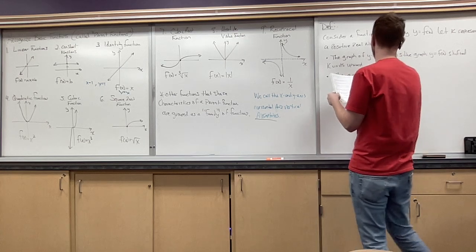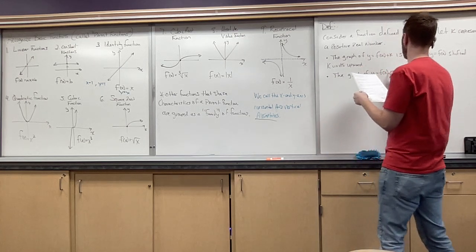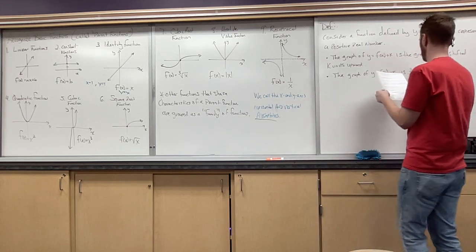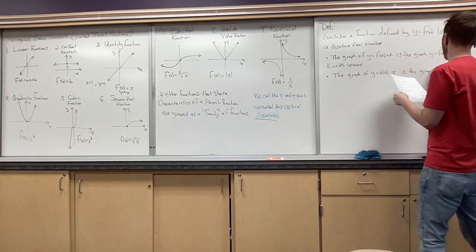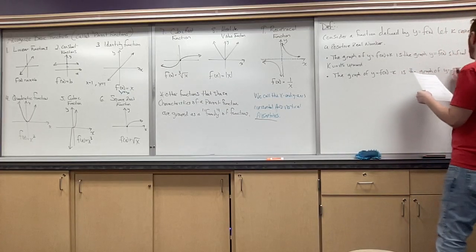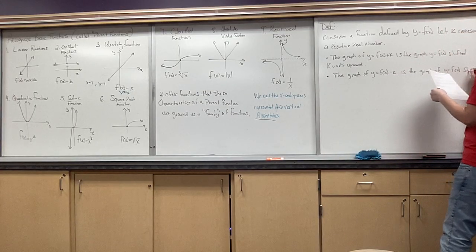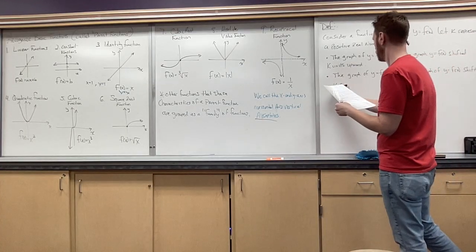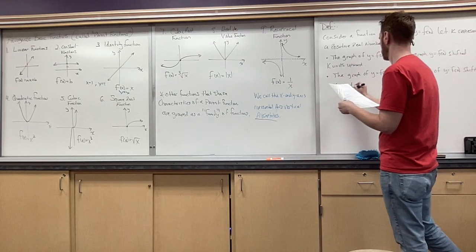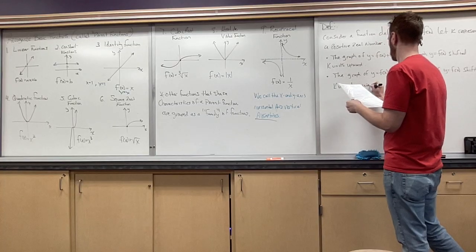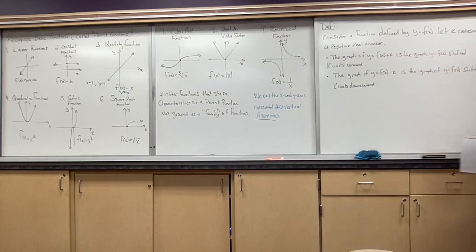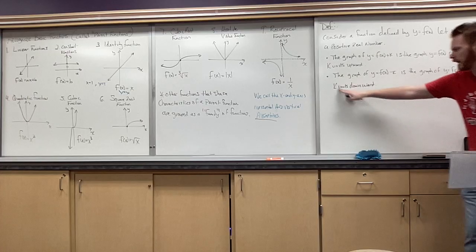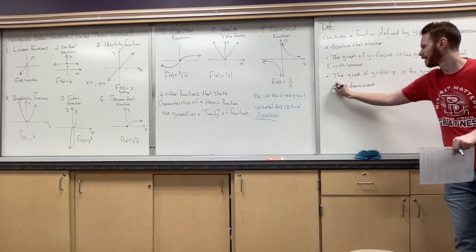The graph of y equals f of x minus k is the graph of y equals f of x shifted k units downward.